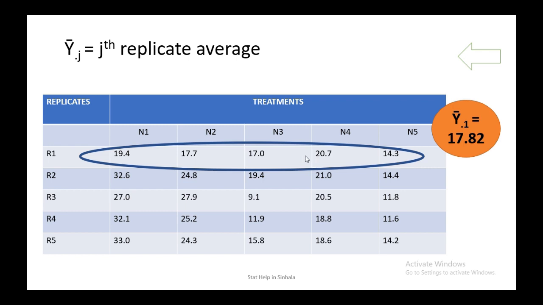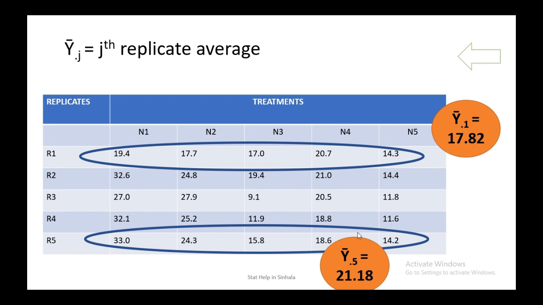So we get the summation of these 5 observations and divide by 5. For Y dot 5 bar, we get the summation of these 5 observations and divide by the number of treatments, which is 5.